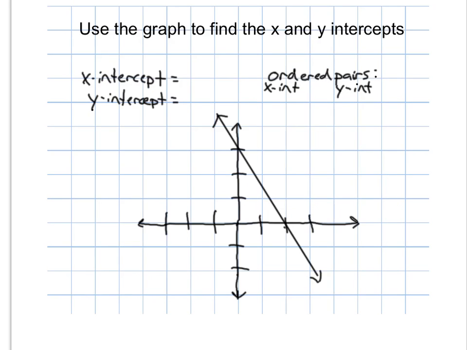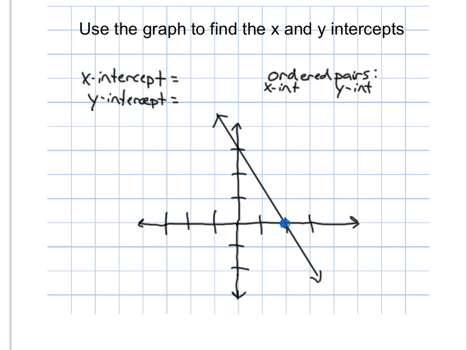Sometimes you're going to be asked to use the graph to find the x and y intercepts. Again, we're looking for exactly where it crosses the x and y axis. On this one, looking at the x-intercept, that's where it crosses this axis right here. You can see that the point for the x-intercept is going to be right here.